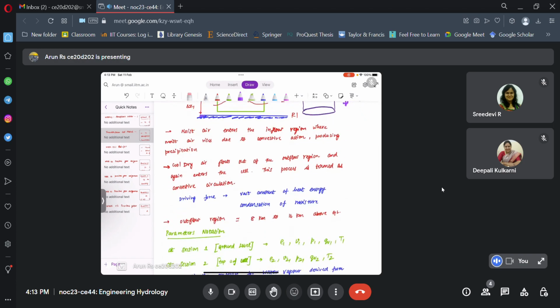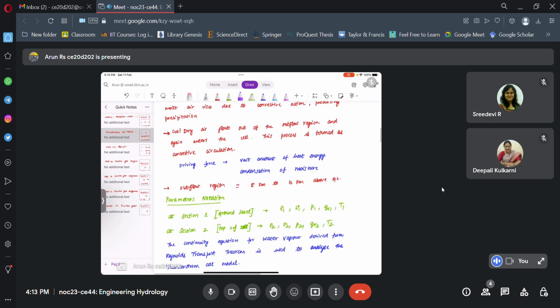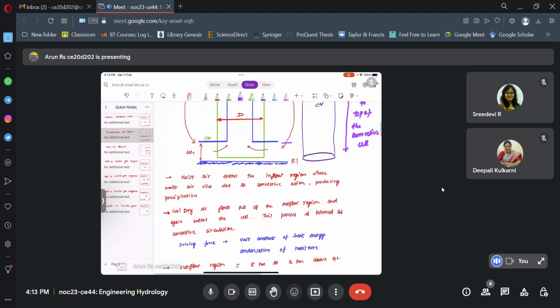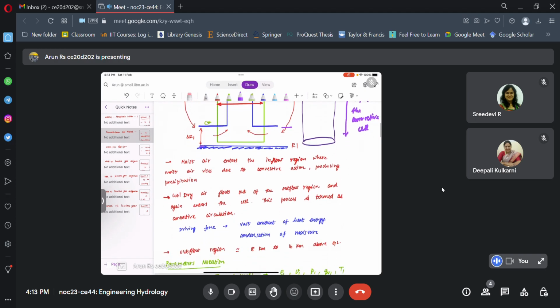So the moisture enters the inflow region and it rises due to the convective action and it produces the precipitation. Then the cool and dry air flows out of the outflow region and it again enters the cell, and this is the driving force for the continuous precipitation to happen over a particular area.